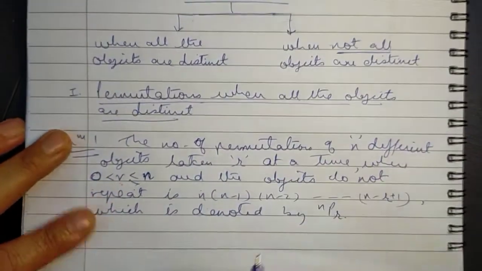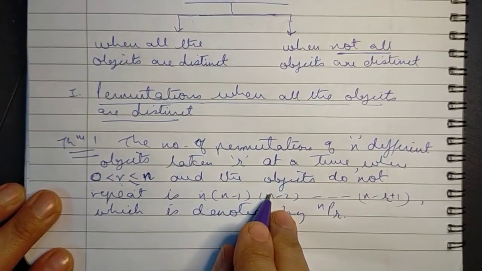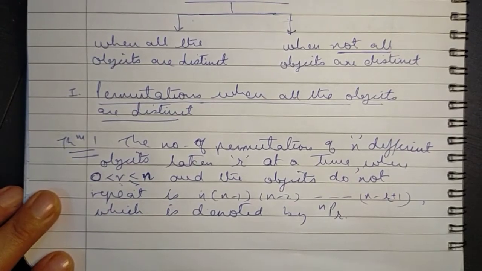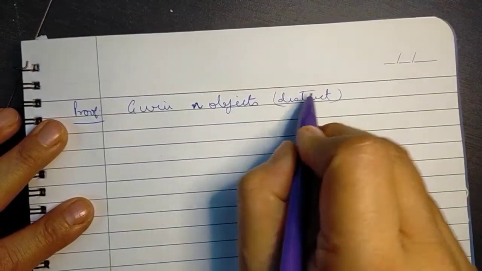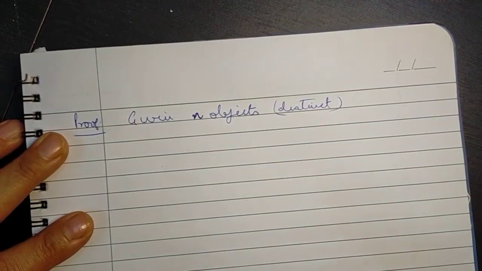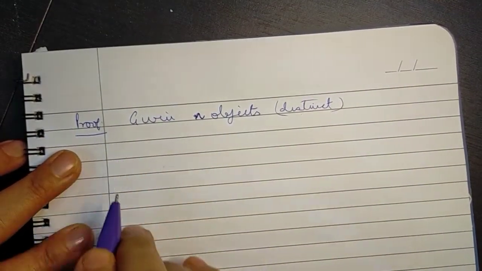And then the statement says that the objects do not repeat. Objects do not repeat means they are distinct, and you are taking it without repetition.